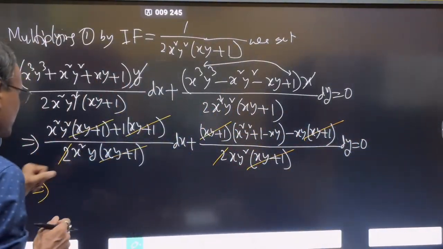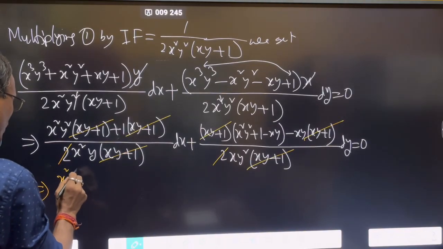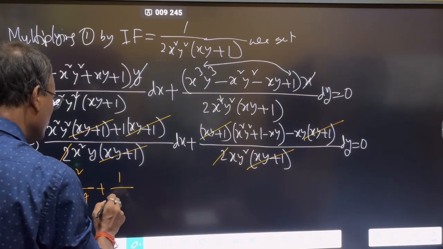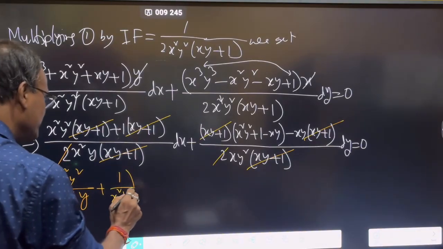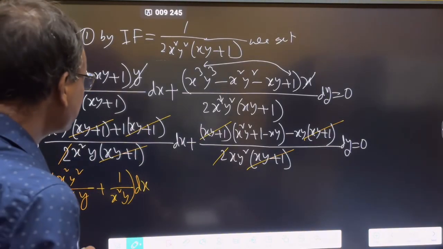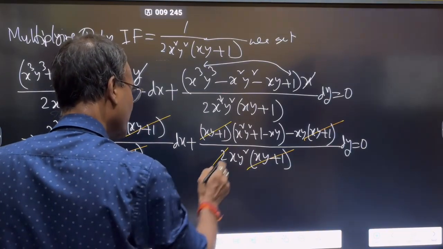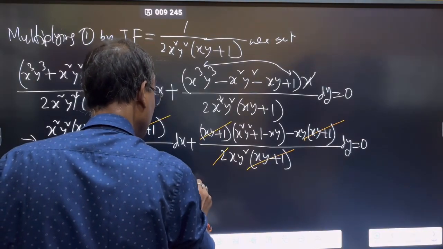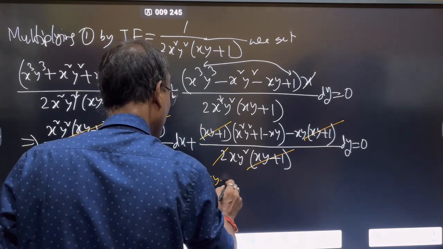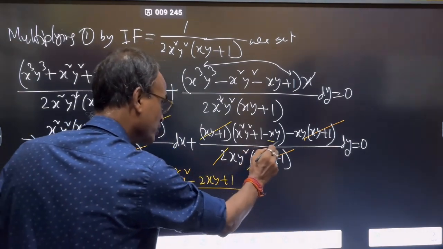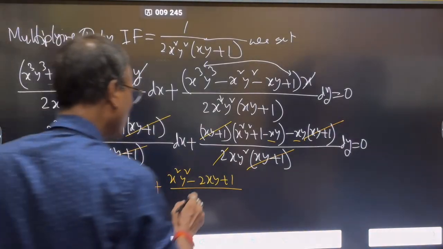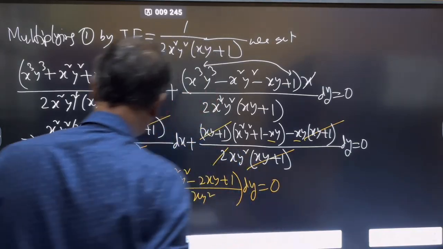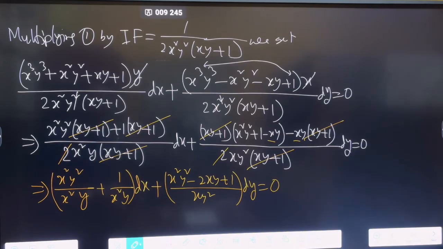Now x square y square divided by x square y, plus 1 by x square y dx, plus x square y square minus twice xy plus 1 divided by minus twice xy square dy equal to 0.